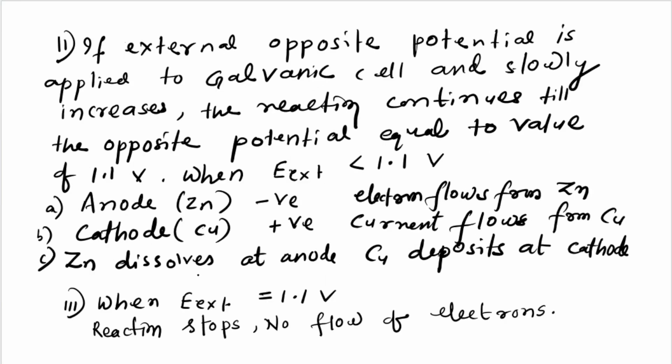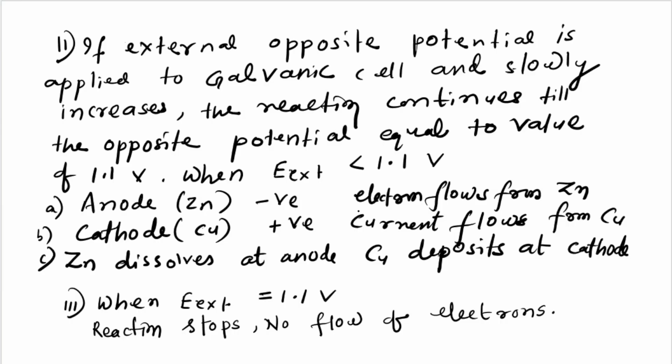If an external opposite potential is applied to the galvanic cell, where you have Zn in Zn2+ solution and copper in Cu2+ solution, and the external potential slowly increases, then what happens?